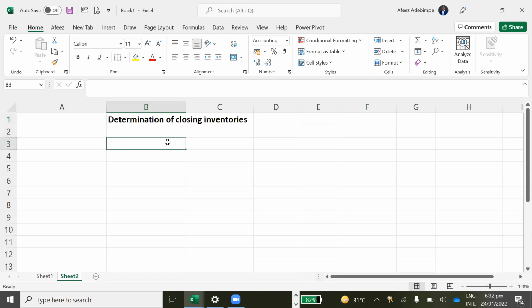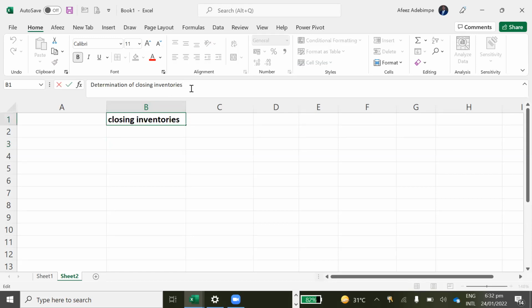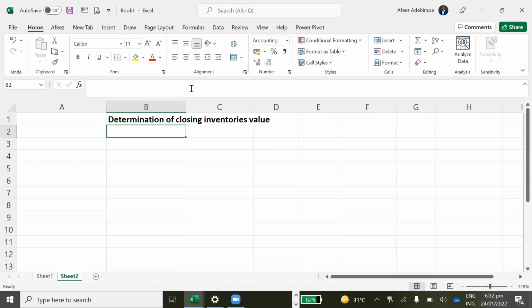Don't forget to determine the closing inventory value. You need to know the cost. You need to know the NRV. Whichever is lower is what we are picking as the inventory value.